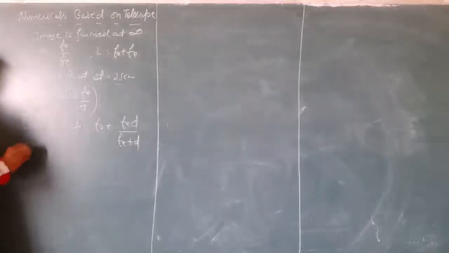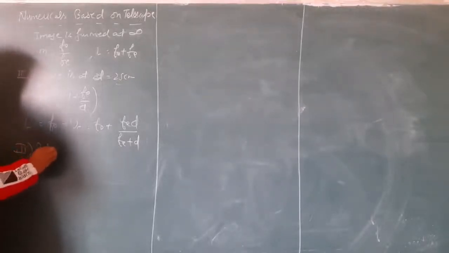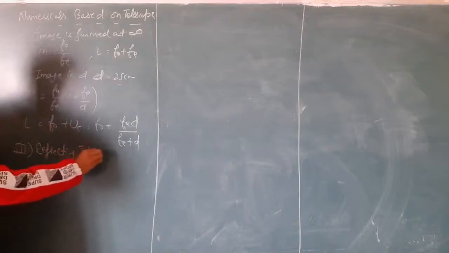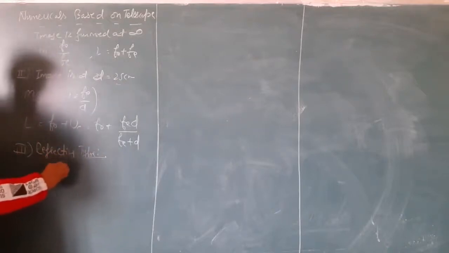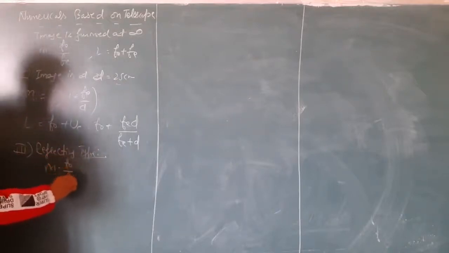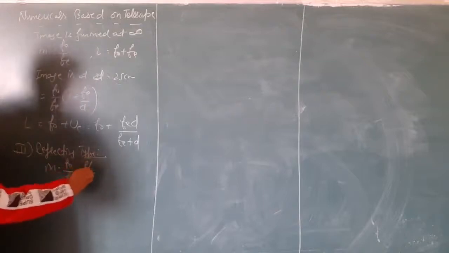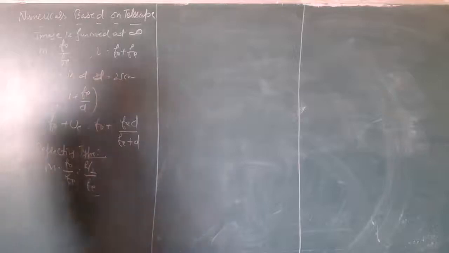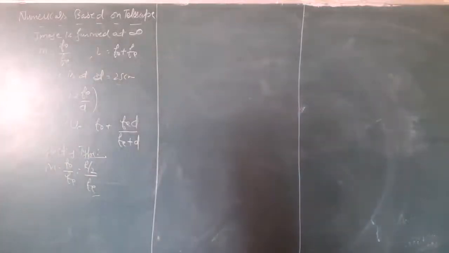And for reflecting type telescope, what was the m? That is f naught by fe. F naught can be written as r by 2, so m is r by 2 by fe. So this is reflecting telescope.